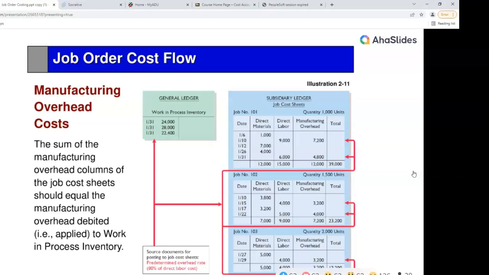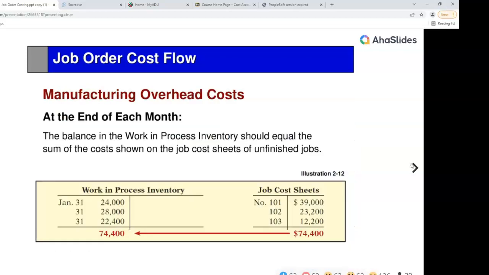And each product has a different amount of material, different amount of labor, and therefore, each product is going to have a different overhead. But nevertheless, that's the best I can do. So at the end of the month, I reconcile. I say, okay, what's my work in process? 74.4. I total my three jobs, which I just did, 74.4. And I know I got everything correct.